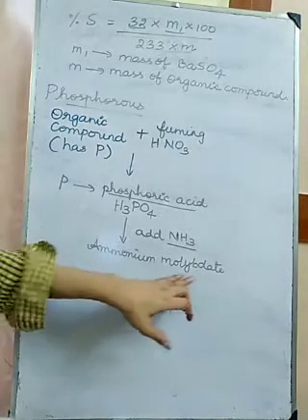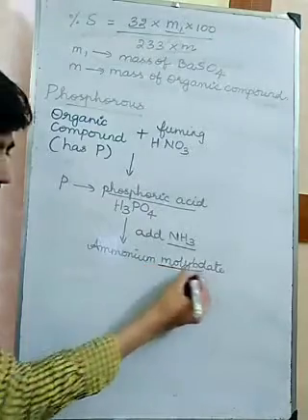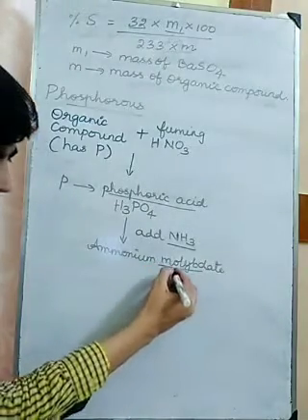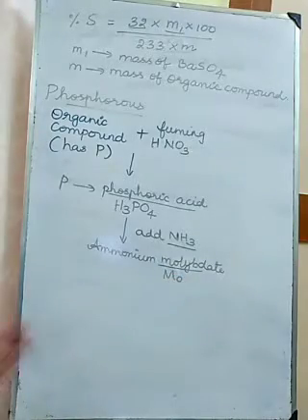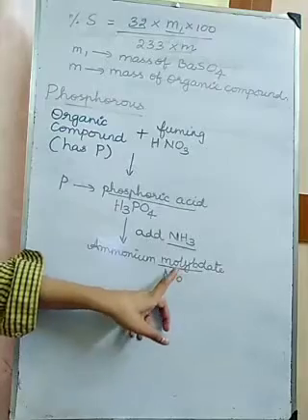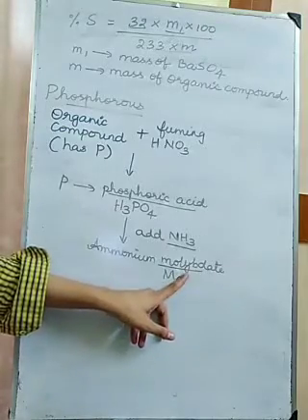Why is ammonium molybdate coming? Molybdenum, what is the symbol for the molybdenum element? Molybdenum means Mo. We are adding phosphoric acid and we are adding ammonia. How is this molybdenum coming?